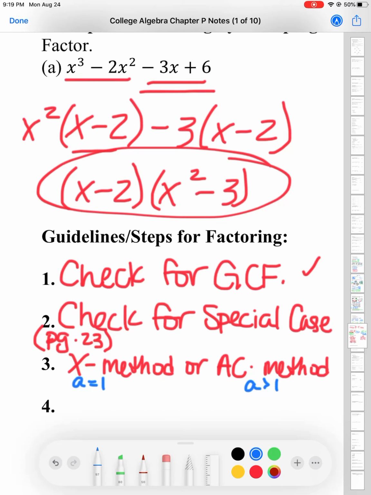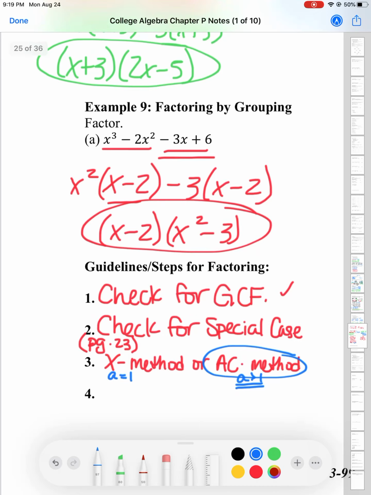AC method is if A is greater than 1. So if you have a coefficient on that x squared term, you need to use this rainbow method. Also remember, step 3 is for trinomials only. Trinomials have 3 terms.